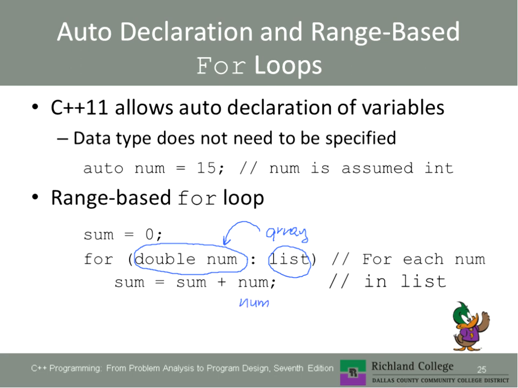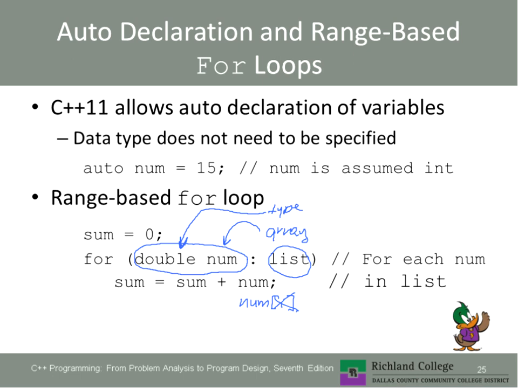Okay, so think about num, that we used to look at as i, index value i, right? But now you do not have to specify the index value. But what you need to be careful of is the type of the array. Okay, so if the type of the array is, let's say, an integer, then the variable that's going to hold the individual values has to match the same type. And that's the only thing that you need to look at, okay?